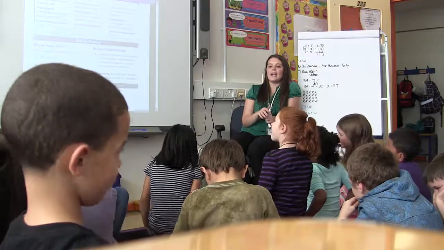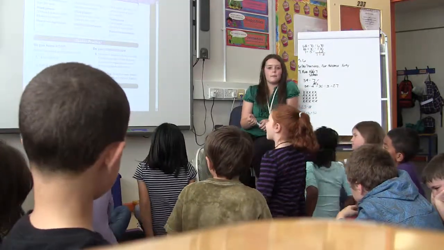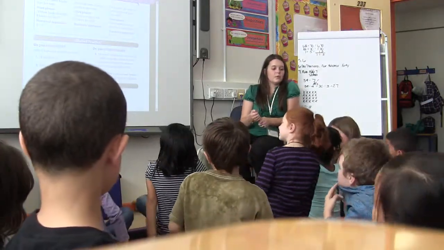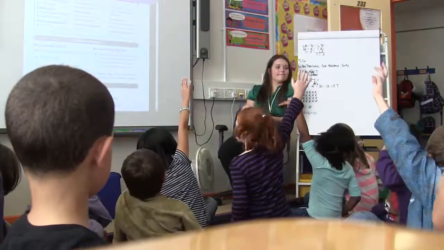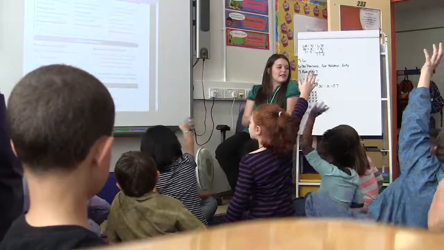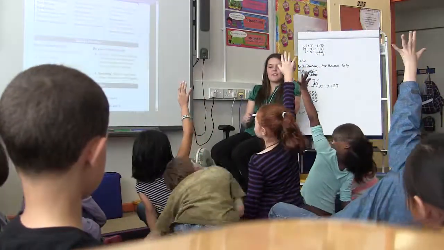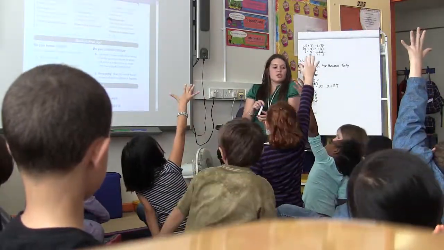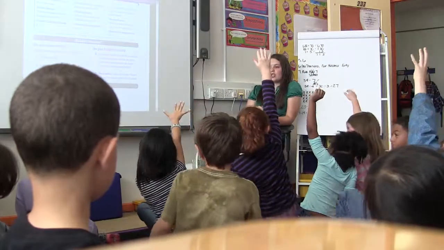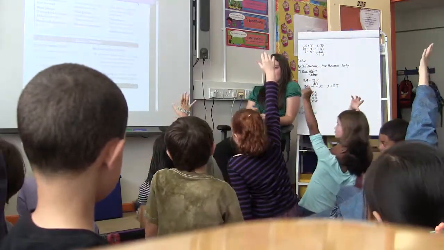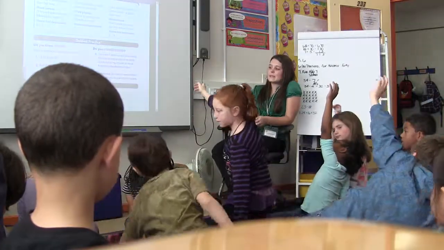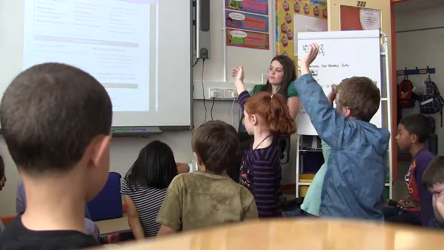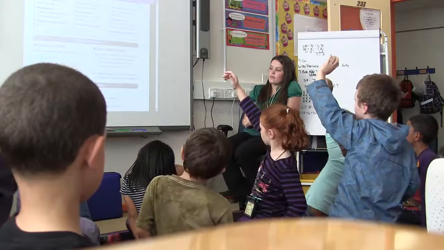Let's try number 8. Everybody look at number 8 and see if they can figure it out. Everybody needs to look at it. Yes, Gavin. It says up there, in 6 to 9, write a subtraction.